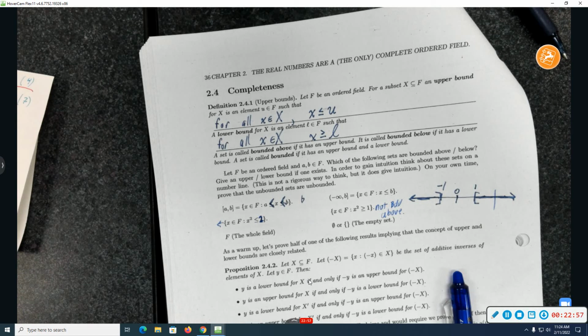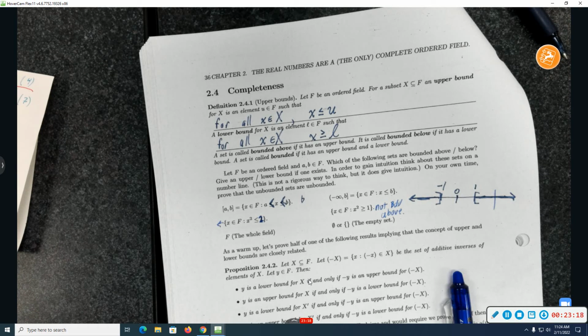Let's try contradiction. So if you want to show this, let's suppose, for contradiction, the opposite. If there's the thing you want to prove, what should you assume if you want to use contradiction? Assume the opposite is true.